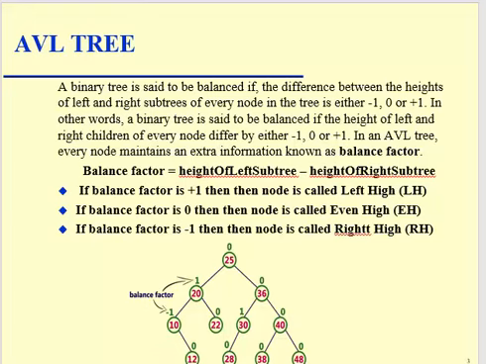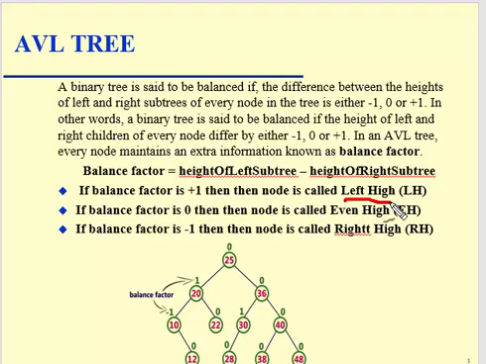You need to find out that. If the balance factor is 0, the node is said to be even high. Even high means the height of the left and the height of the right are equal, balanced. If the balance factor is plus 1, the left height is more than the right height. In that case, this is called left high.